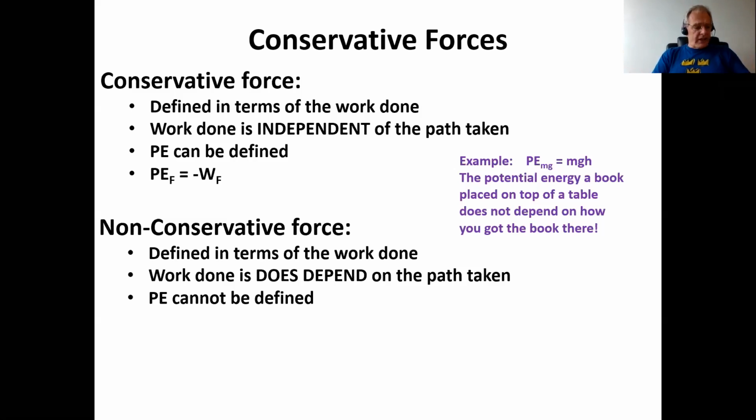Just to make a connection to what you've done before. When we did momentum, we talked about elastic versus inelastic collisions, right? And in an elastic collision, kinetic energy was conserved, and that's because in an elastic collision, we're talking about conservative forces.